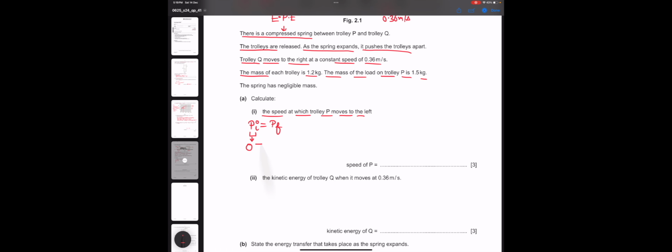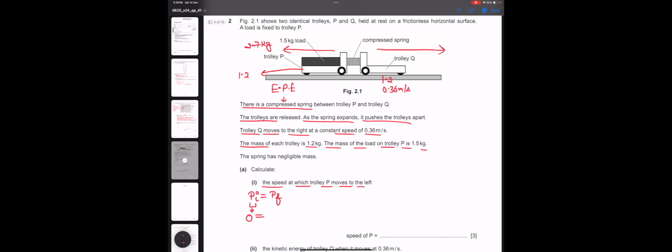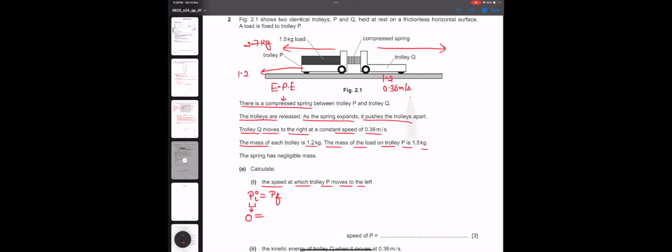Now in final momentum, one of the trolleys is going towards the right, the other trolley is going towards the left. Now we know that in maths, if one is going towards the right, we can take it as positive. If it is going towards the left, it is negative. Alright, totally your choice. If you want to take right hand side as negative and left hand side as positive, that is also fine. But we will use right hand side positive, left hand side negative.